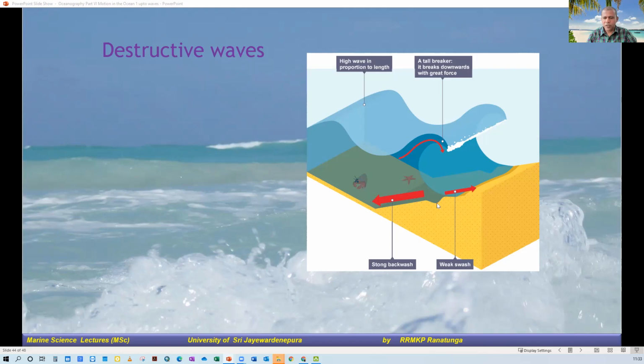If the backwash is stronger than the swash, then you will have something called a destructive wave, because the wave is trying to form a large wave, but a strong backwash will neutralize the large wave, and in this situation you will have a destructive wave.